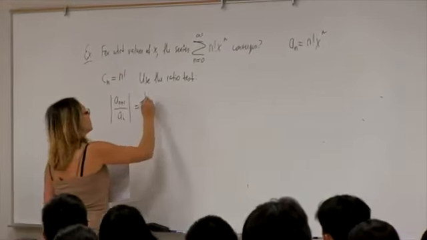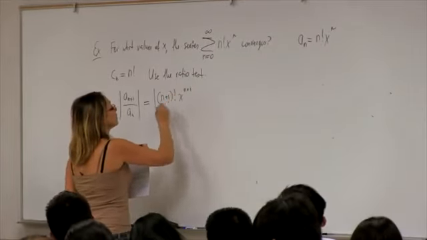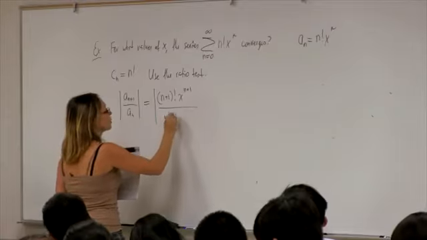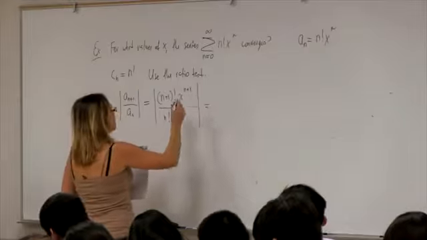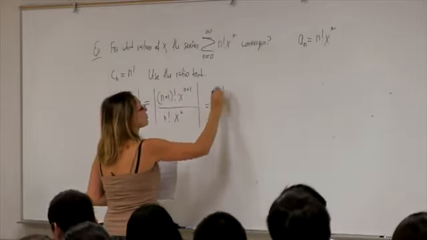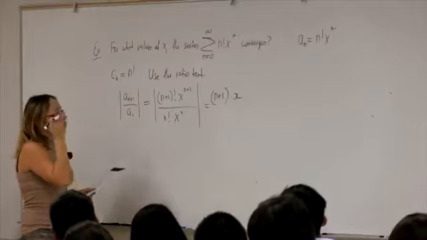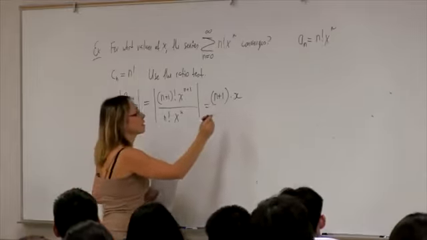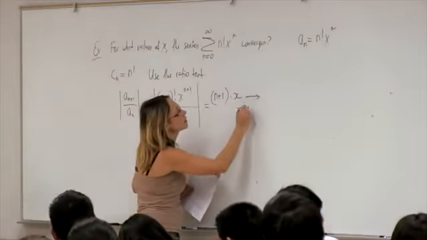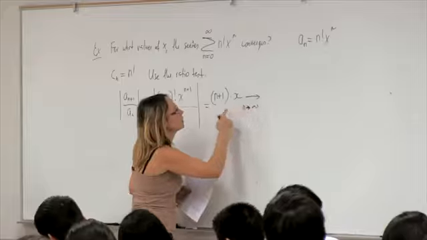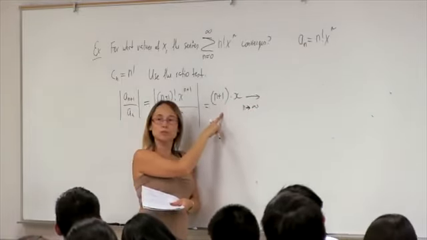So we have (n+1) factorial x^(n+1) divided by n factorial x^n. The absolute value goes, and we have n plus 1 and we have x. And what is the limit of this expression as n goes to infinity? What does it tend to, for any fixed value of x, when n goes to infinity?